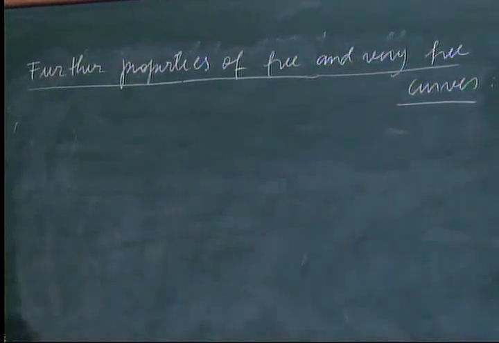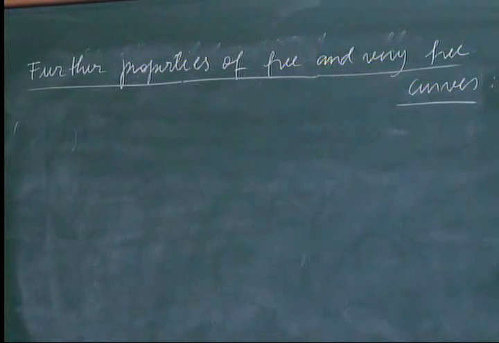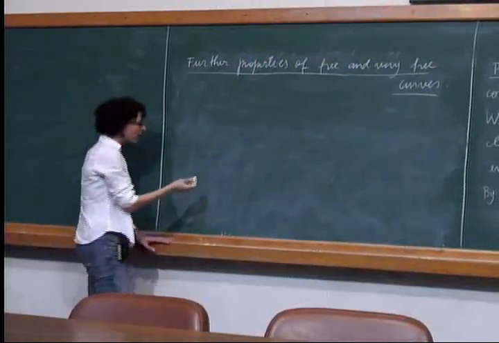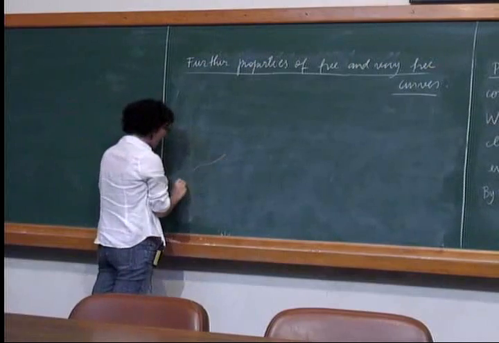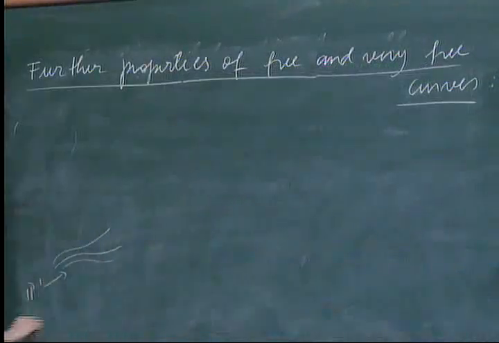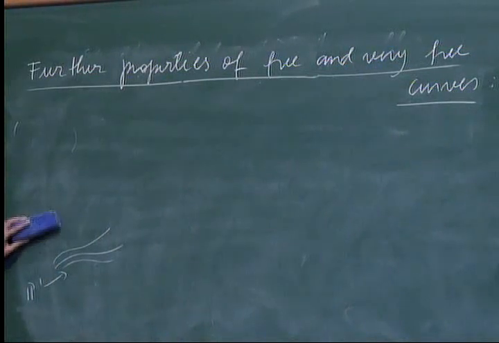These properties concern a different type of deformation than the ones that we have been considering. So far, we start with a curve, a map from P1 to X, and then we want to deform this map. But there are other important deformations.